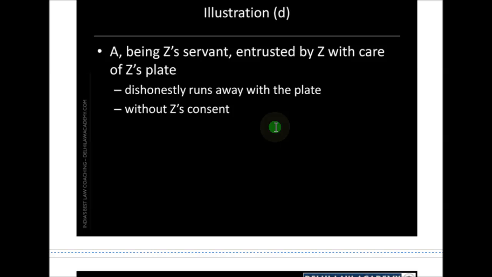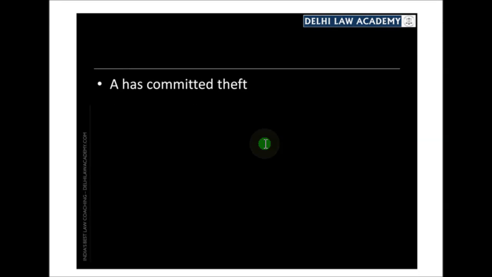However, in case of master and servant, the legal position is that anything which is in servant's possession is legally in possession of the master. So, therefore, even when the plate had been handed over to A by Z, the master, legally the possession is still with the master, which means Z, and therefore if A has thereafter run away with the plate, we say that it has been taken out of Z's possession without Z's consent, and therefore it amounts to theft. So that is why this answer is like this.